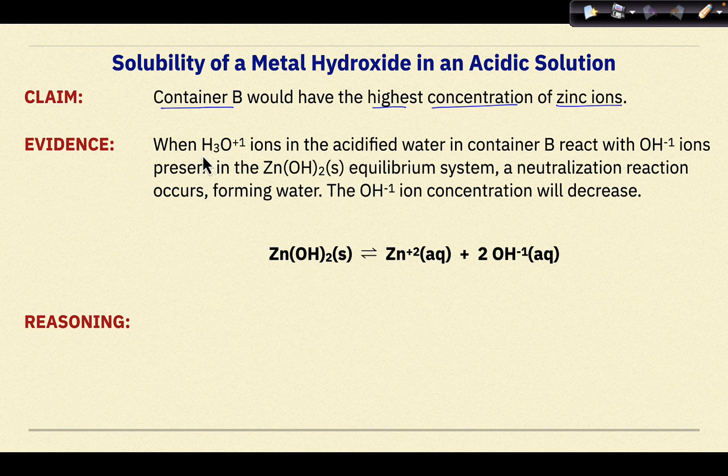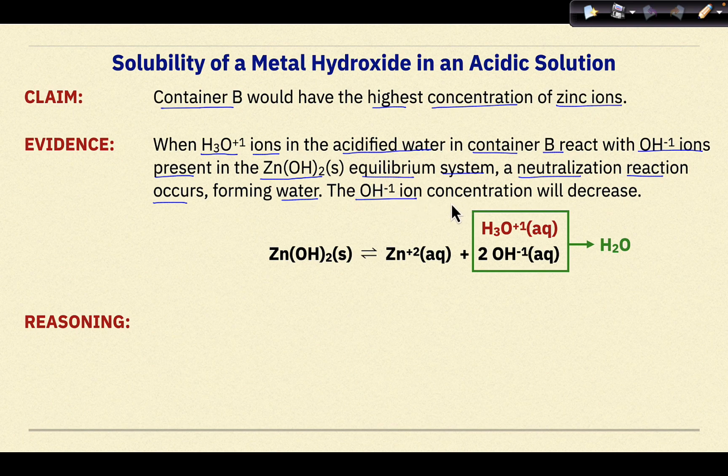Evidence: when the hydronium ions in the acidified water in container B react with the hydroxide ions present in the Zn(OH)2 solid equilibrium system, a neutralization reaction occurs, forming water. The hydroxide ion concentration will decrease.